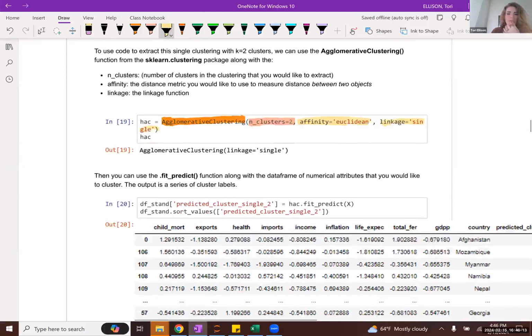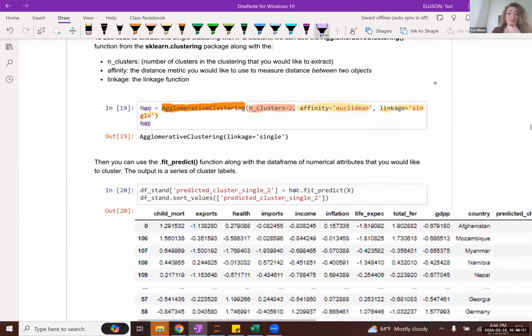Okay, so I've set up all of my stipulations here, but because I haven't run a fit or fit predict function, I've yet to run the algorithm or generate the results.